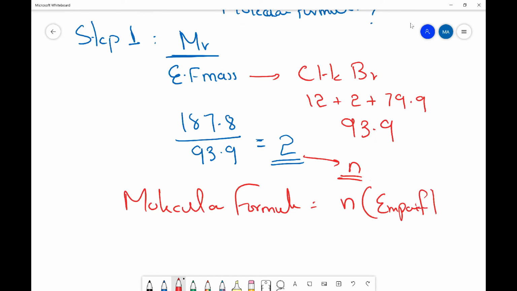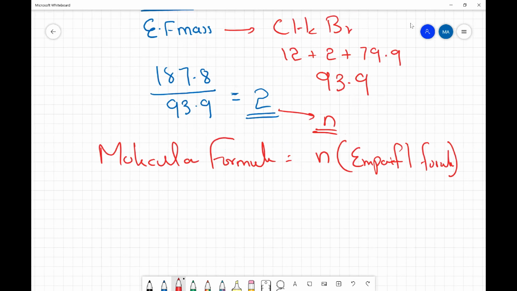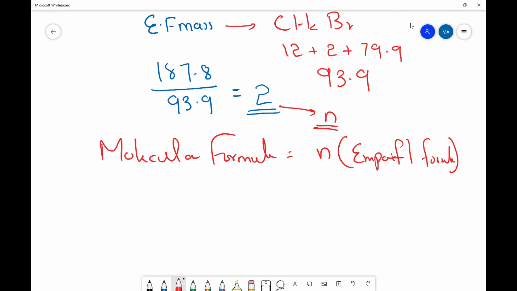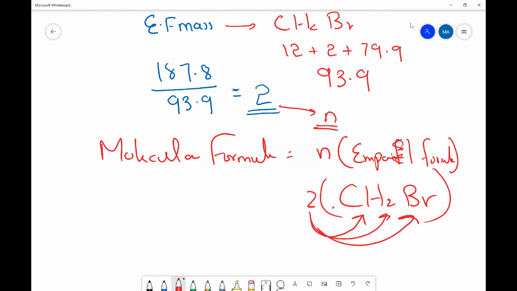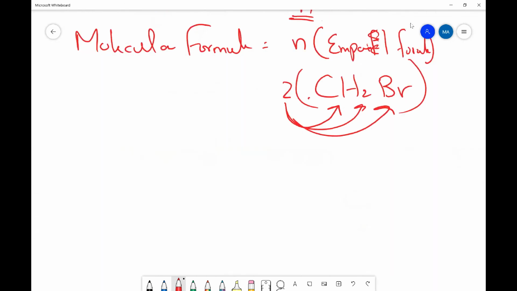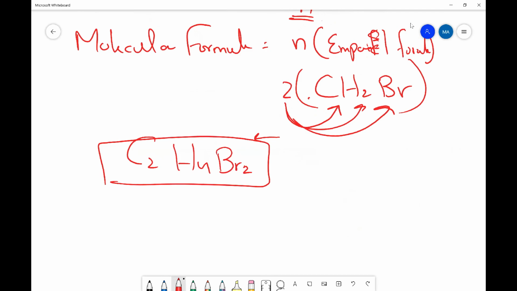The empirical formula was CH2Br, so you're going to multiply this by 2. This 2 is going to be applied to carbon, hydrogen, and bromine separately, and your molecular formula will be C2H4Br2. Is this clear?